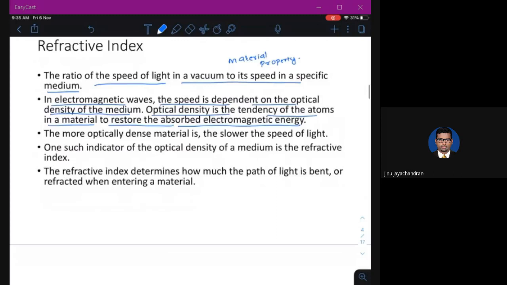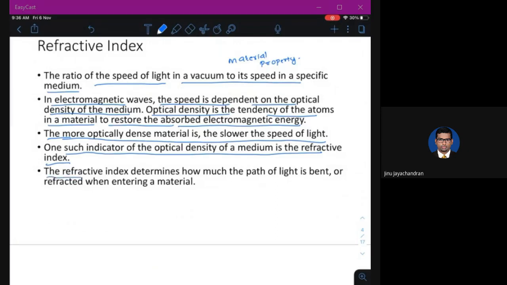The more optically dense the material, the slower the speed of light, because when you have a large amount of optically dense material, you have a large amount of atoms which will try to absorb and then emit, which will hinder the speed of the light. So one such indicator of the optical density of a medium is the refractive index, because it is directly related to the speed of the light.